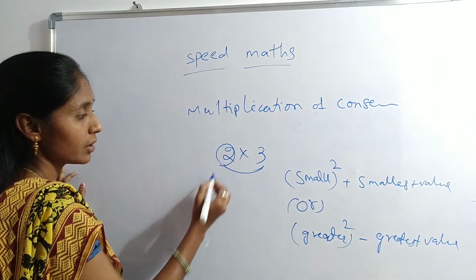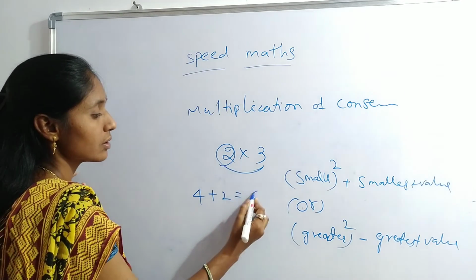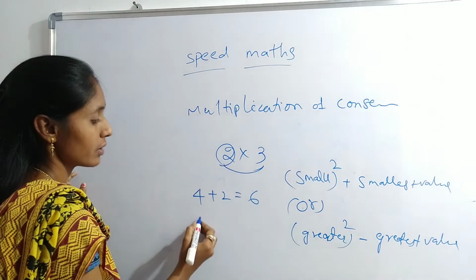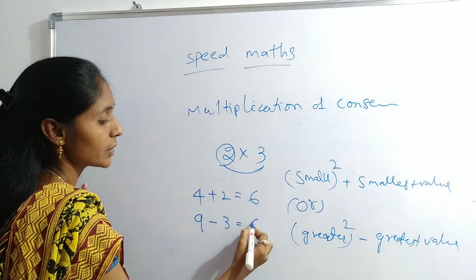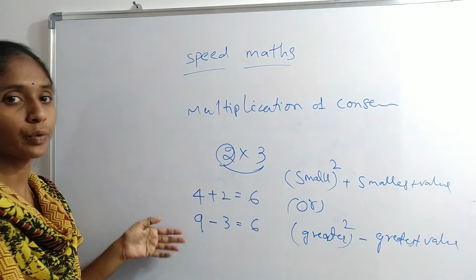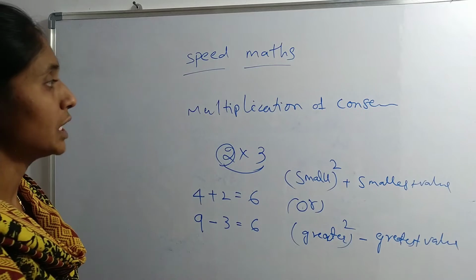Now check. 2 square is 4, plus 2, that is 6. Next, 3 square is 9, minus 3, 6. In 2 ways we can find the multiplication of consecutive numbers.